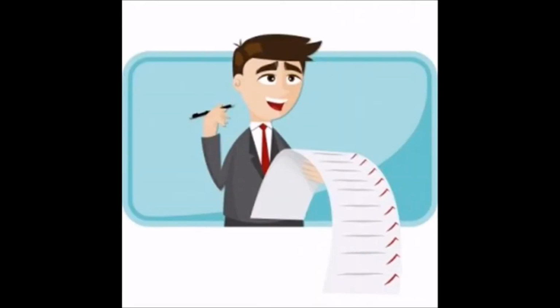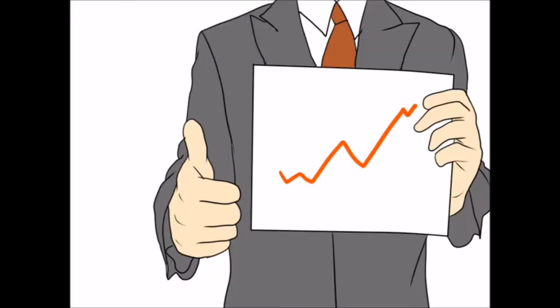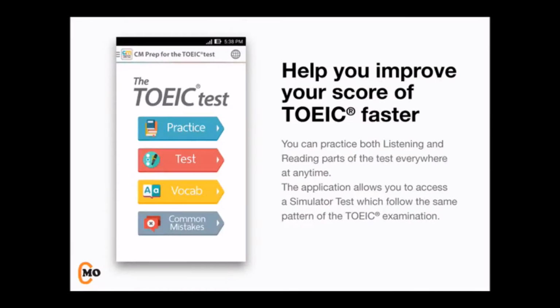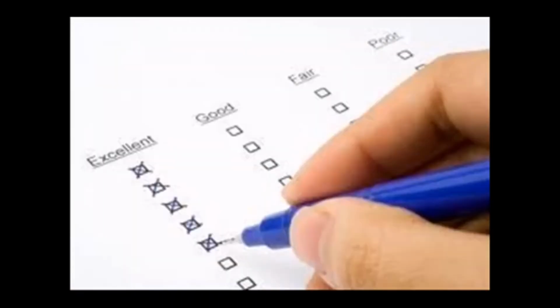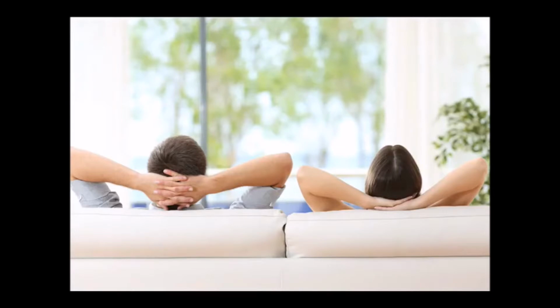Then take a sample test from the ETS site to evaluate both your listening and reading skills. Then take a rest. After 1 or 2 days, take a second test of 400 TOEIC training questions that are online for free. Compare the results between these two tests. Did you do better the second time?